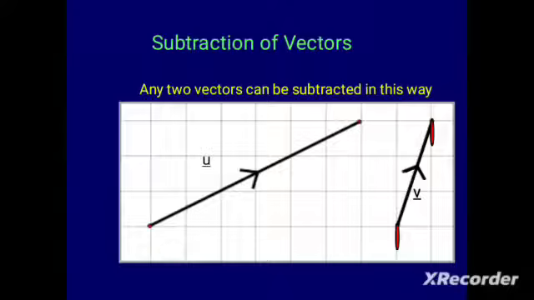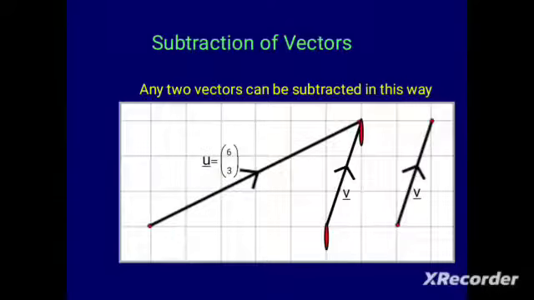Now, moving to subtraction of vectors, we have that any two vectors can be subtracted in this way. So we have two vectors here, vector u and vector v.